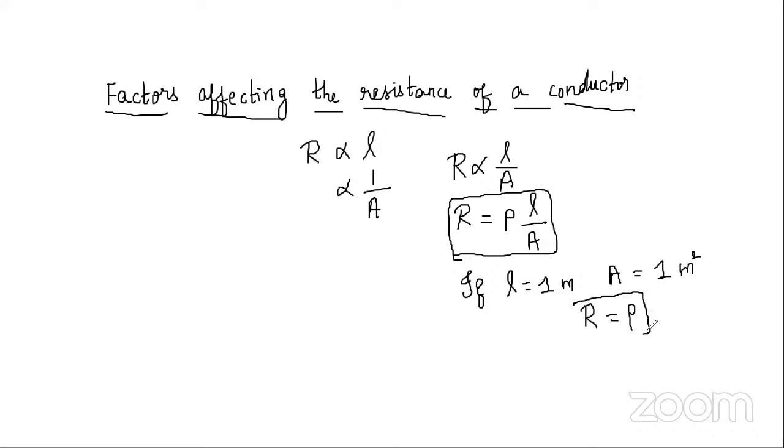That means the resistivity is numerically equal to the resistance of a conductor having a length of 1 meter and an area of cross section of 1 meter square. So this is the definition of resistivity.